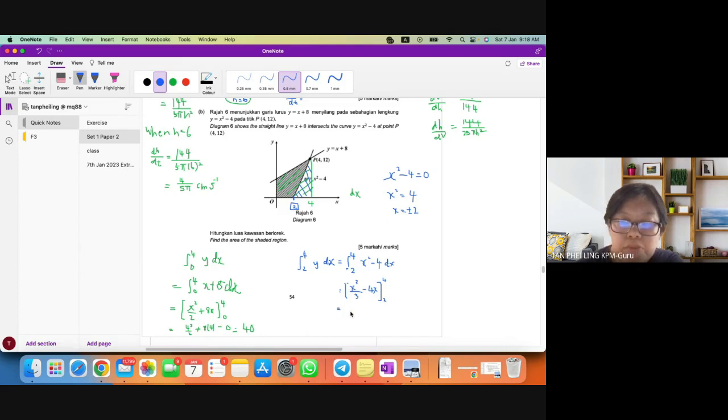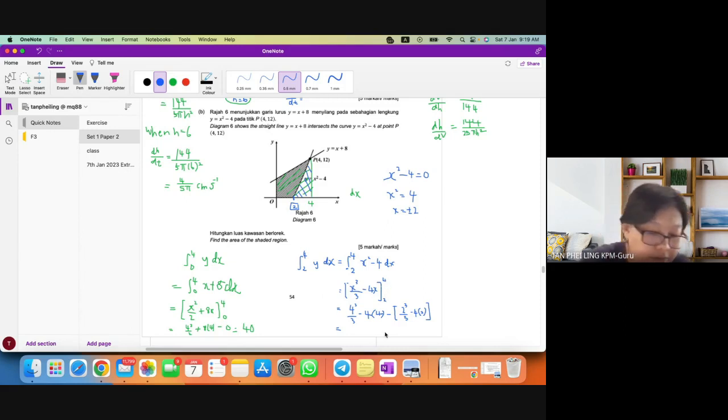Remember to substitute: 4 cubed over 3 minus 4 times 4, and then I have to minus this whole thing, which is 2 cubed over 3 minus 4 times 2. Now do it slowly. 4 cubed divided by 3 minus 16.